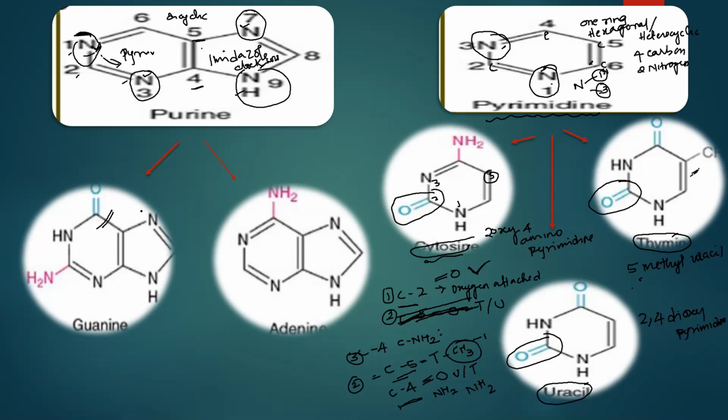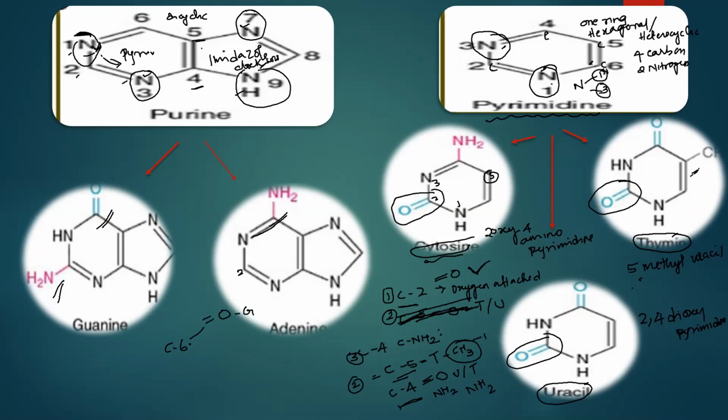The difference lies here. You can see it's a double bond here, and here it is an amino group, and the absence of an amino group at this position of carbon 2. So you can say you have a double bond present here, and the rest of the things are the same. Only the position 6, carbon 6, if it has double bond O, then it is guanine.